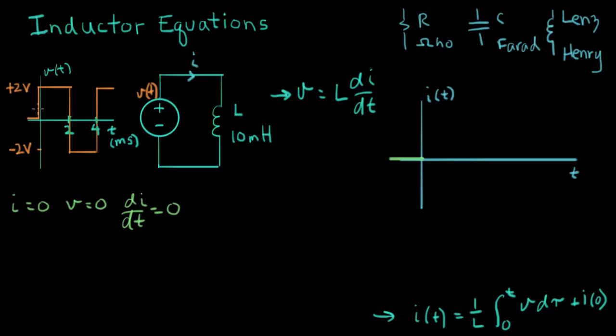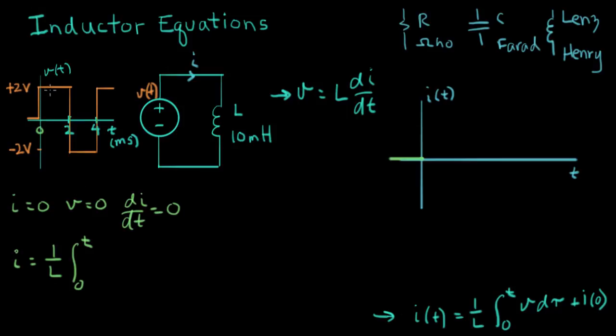Okay, now something happens. Now the voltage goes up to 2 volts, and we're going to use the integral form of the inductor equation to figure out what happens to I of t now that voltage has changed. So we can say that I equals 1 over L times the integral from 0, our starting point, to some time t, of V of t.